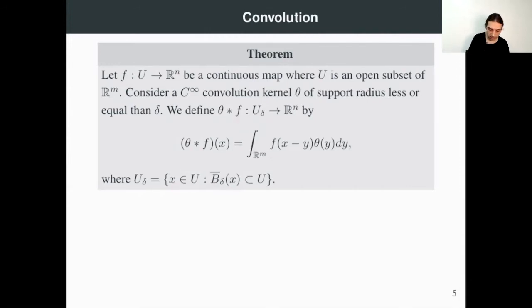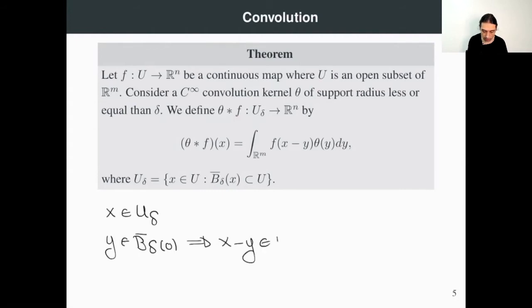The answer is yes, because if we consider a point x in U_delta, what we have is that if y is a point in the closed ball of center at the origin and radius delta, then in particular x minus y belongs to the closed ball of center at x and radius delta, and such a closed ball is contained in U.